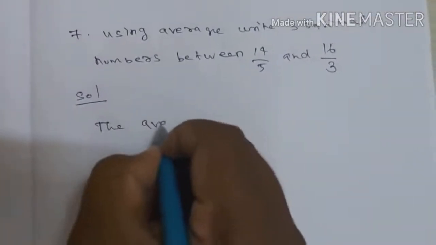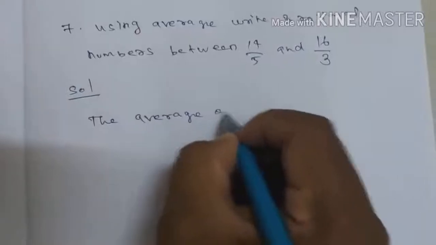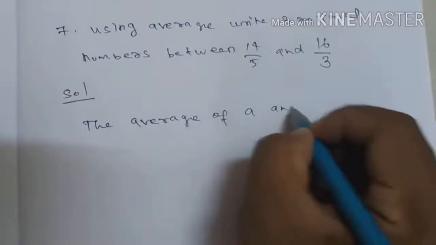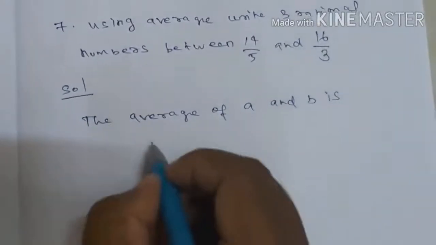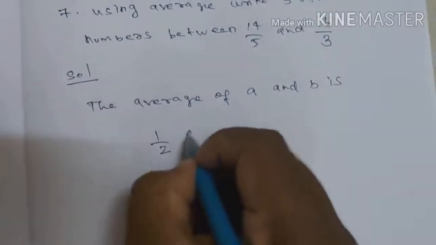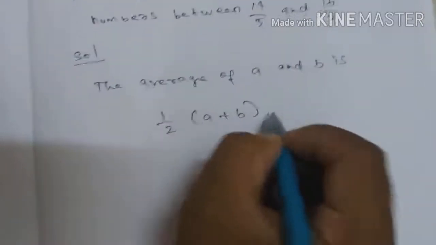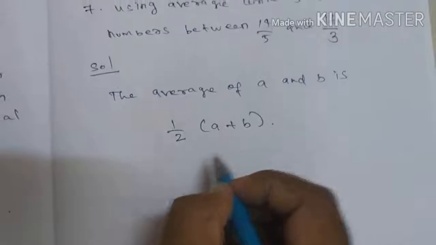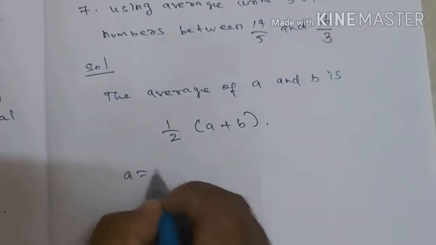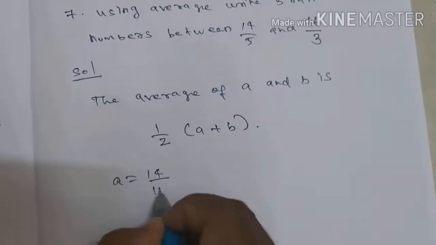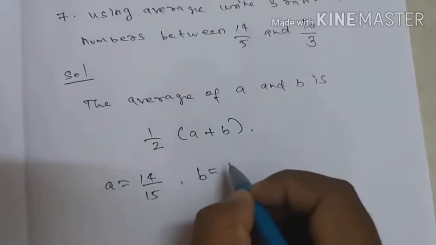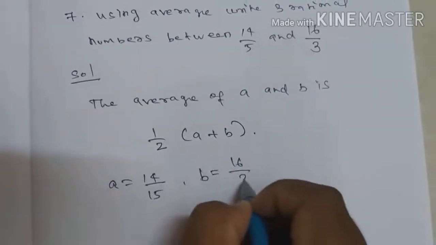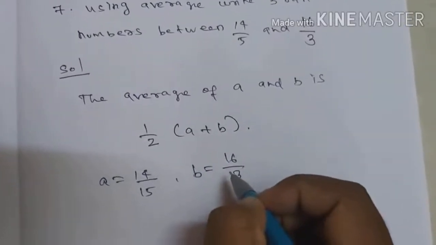The average of A and B is given by the formula 1/2 (A plus B). So A equals 14/5 and B equals 16/3.